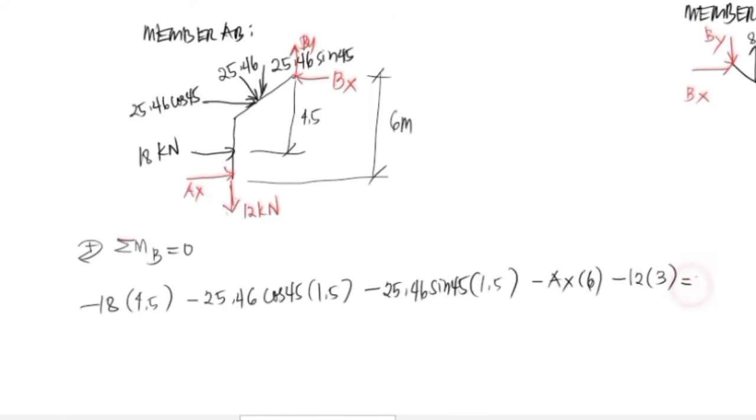That is equal to 0. AX is negative 28.5 kilonewton. So since negative yung lumabas na sagot, meaning AX is not directed to the right, AX is directed to the left.